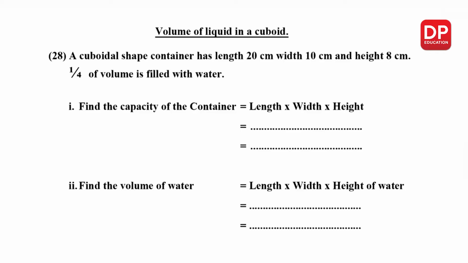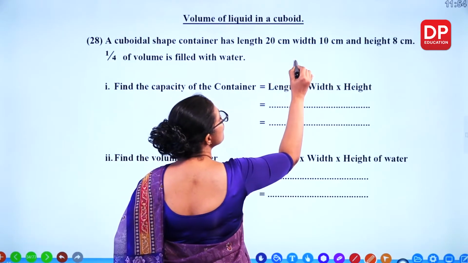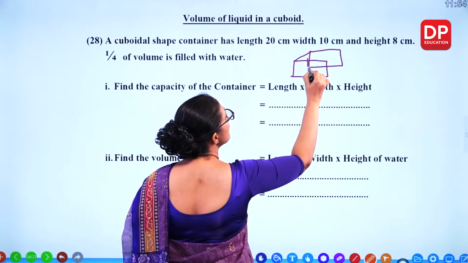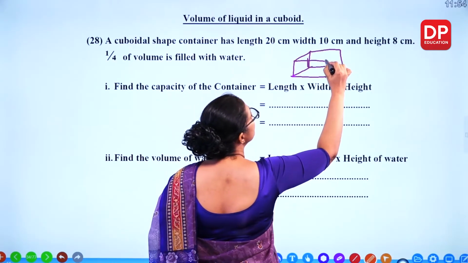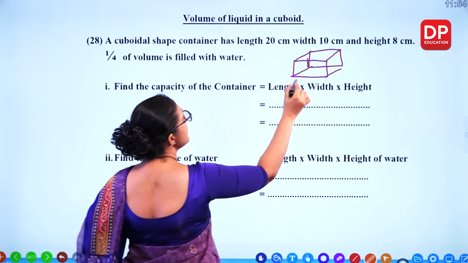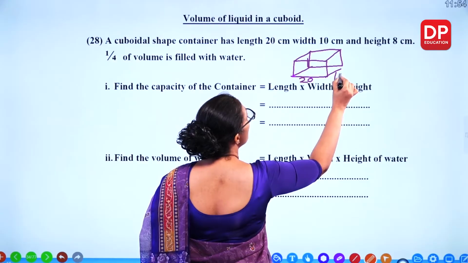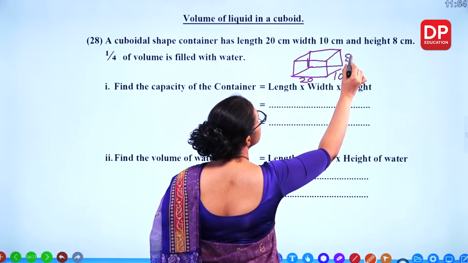Volume of liquid in a cuboid. A cuboidal shaped container has length 20, width 10 and height 8. 1/4 of volume is filled with water. If you draw the cuboid, you have to draw a rectangle now. Length 20, width 10 or breadth, and height 8.